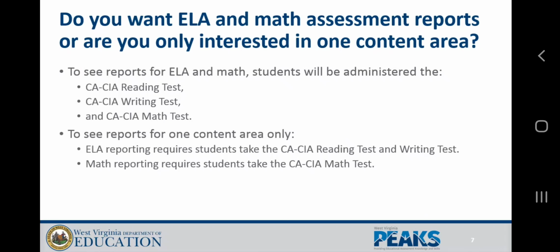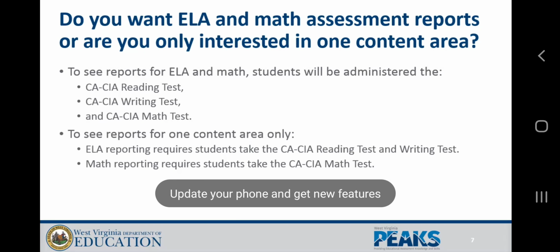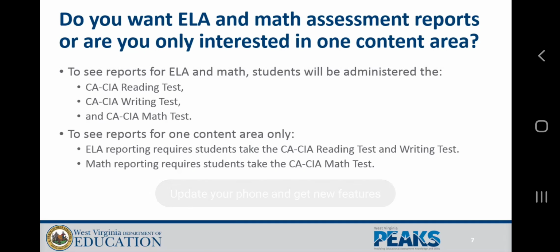Do you want ELA and math assessment reports? Or are you only interested in one content area? To see reports for ELA and math, students will be administered the following tests: the CA-CIA reading test, the CA-CIA writing test, and the CA-CIA math test.